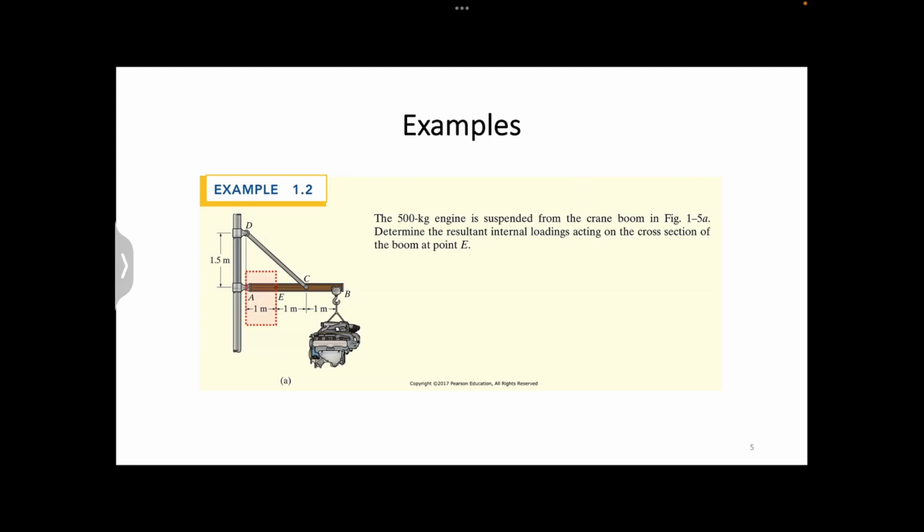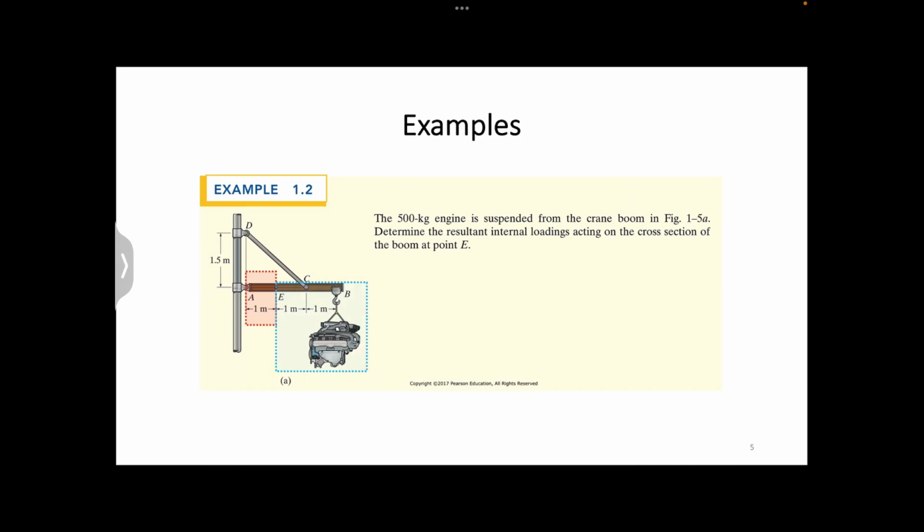If we consider the right segment, we will have to plot the free body diagram for segment EB of the boom. In that case, we will have to find the force exerted by the member CD onto the boom. Based on the observation, we know that we cannot avoid the first step of finding the support reaction for this example.